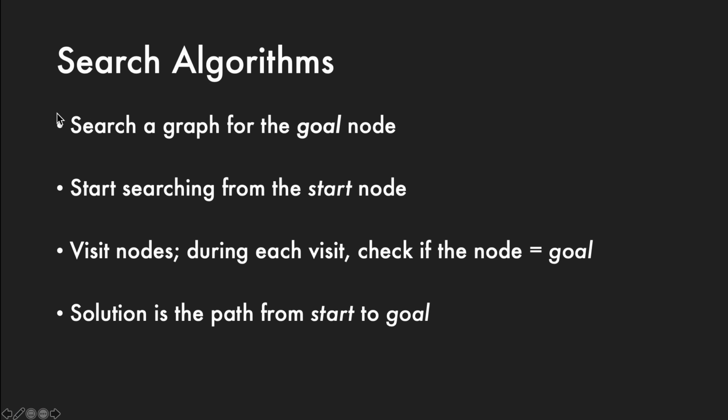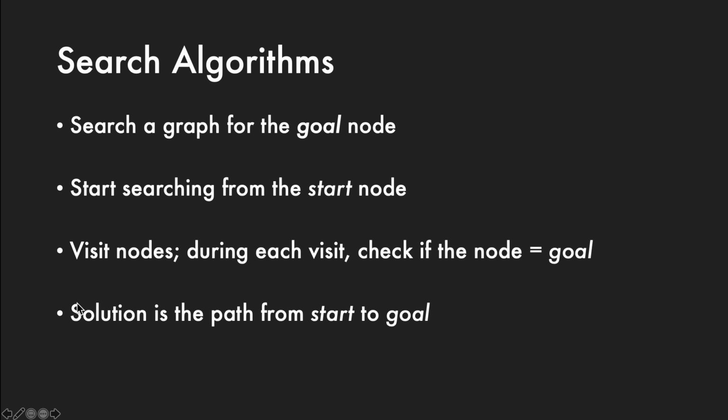So for these search algorithms, they all have some commonalities. You're going to search the graph for the goal node, and you start searching from the start node. And throughout the algorithm, you're going to visit nodes. And during each visit, you're going to check if the node is equal to the goal.